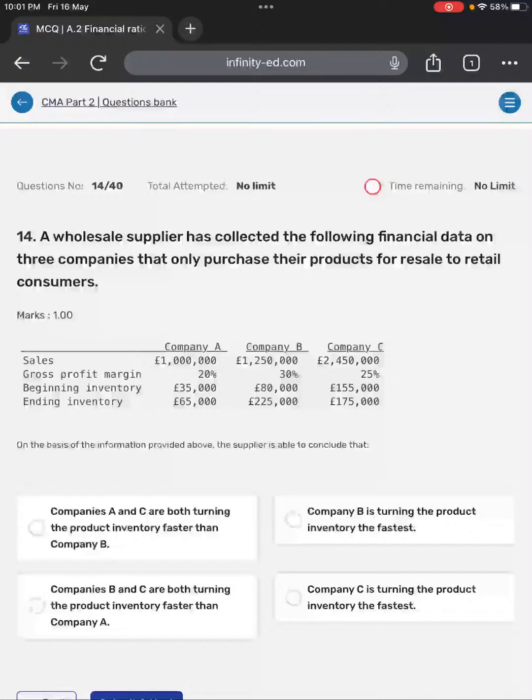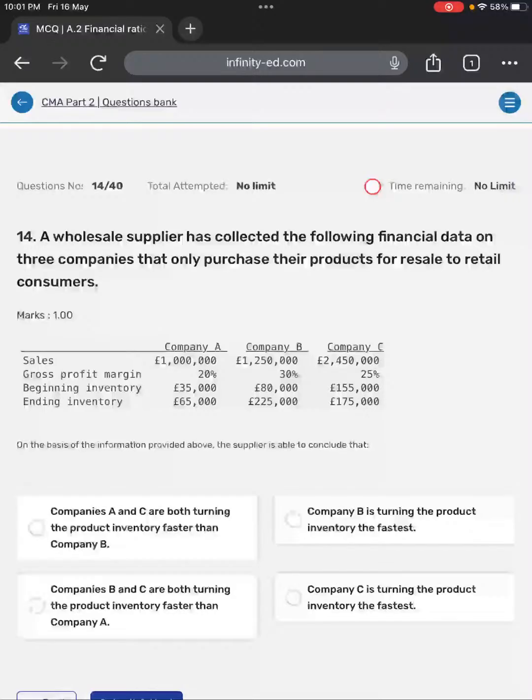On the basis of the above information, the supplier is able to conclude that Company A and Company C both are turning the product inventory faster than B.